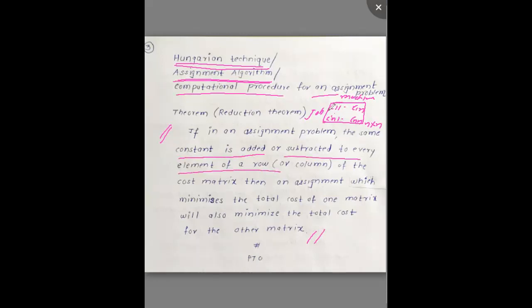So consider the first row, you subtract the same constant from all the entries or add the same constant to all the entries in this first row or first column of the cost matrix. Then an assignment, that is a solution, which minimizes the total cost of one matrix will also minimize the total cost of the other matrix. That means the solution will not change.